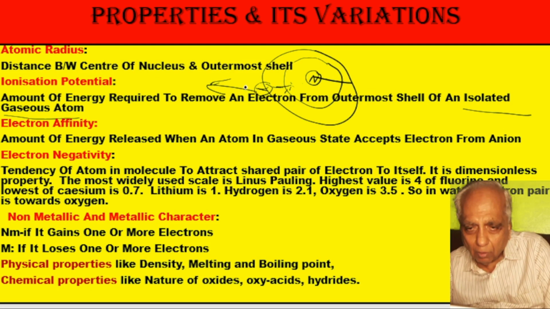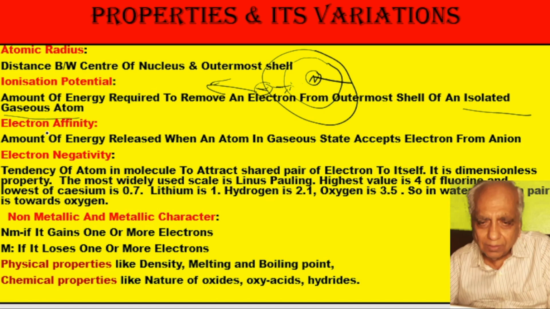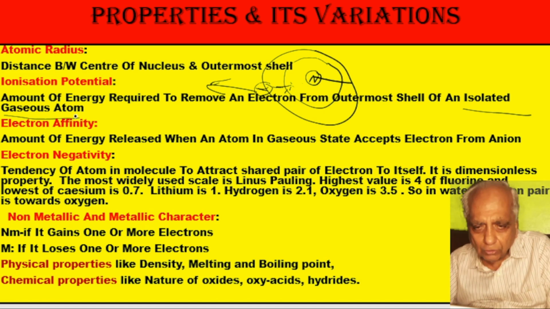The amount of work that I do, or the amount of energy that I spend in removing this electron, is called the ionization potential. So it is the energy required to remove an electron from the outermost shell of an isolated gaseous atom. These words are very important: it should be an isolated gaseous atom, and the electron has to be from the outermost shell.